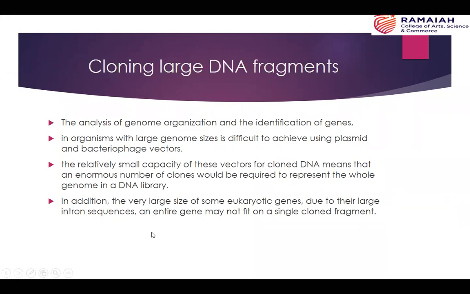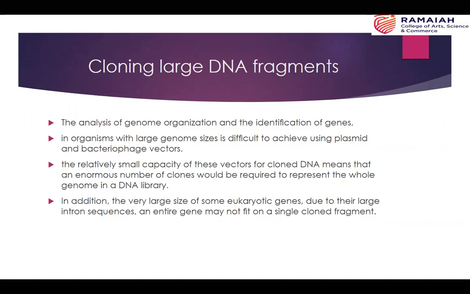And in addition to the smaller capacity of these vectors, in case of eukaryotic genes, you all know eukaryotic genes are comparatively large in size. Why? Because in addition to the coding sequences, there are also introns present in eukaryotic genes.